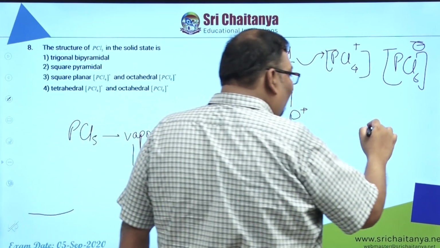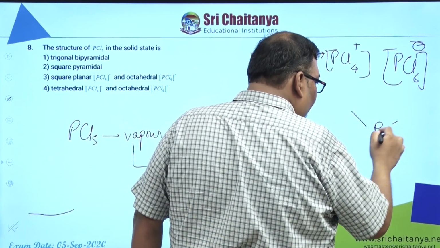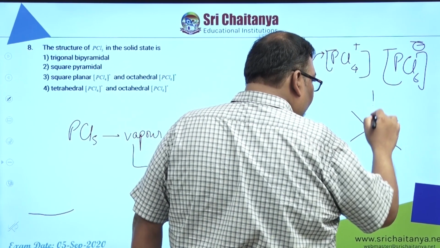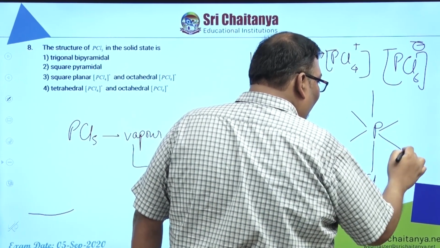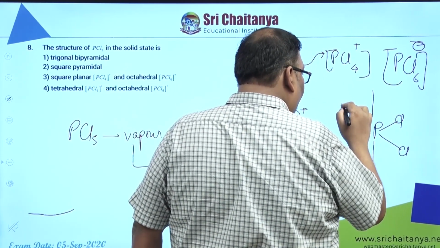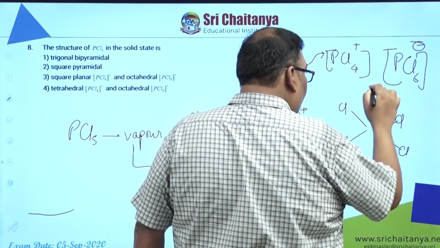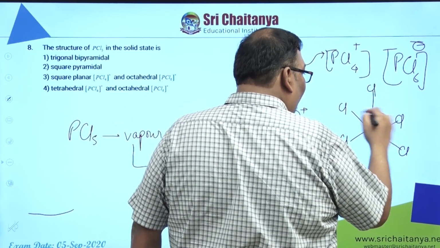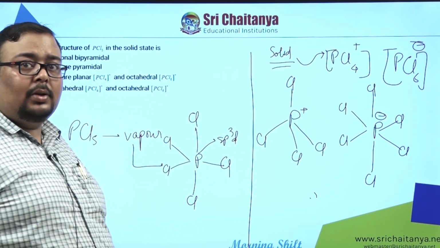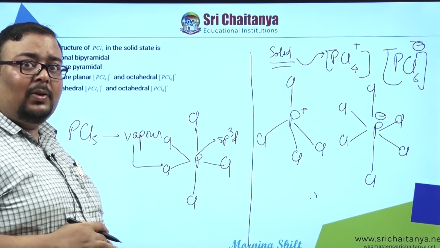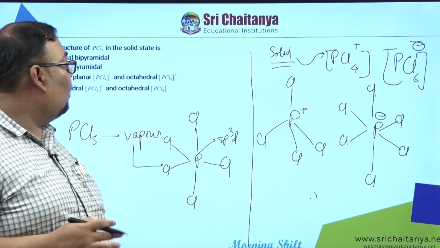And PCl6 minus has an octahedral geometry with sp3d2 hybridization. Again, all positions are equivalent, so it is a uniform hybridization.